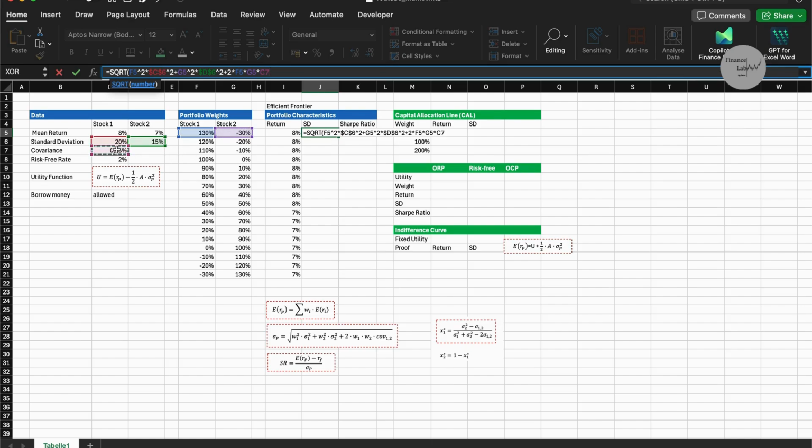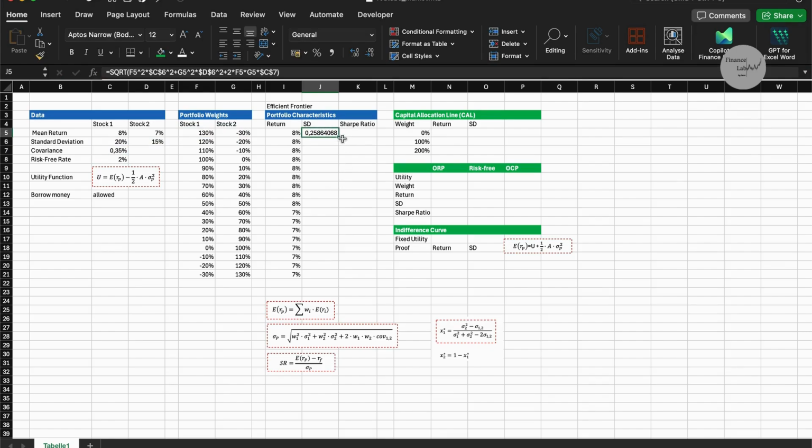The covariance also must be locked. So here we get the standard deviation. Now we can double click on this icon to get every standard deviation for every portfolio.